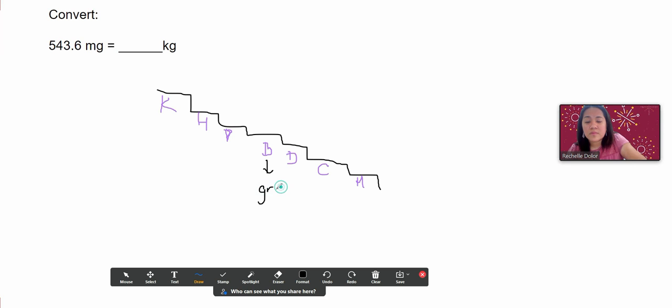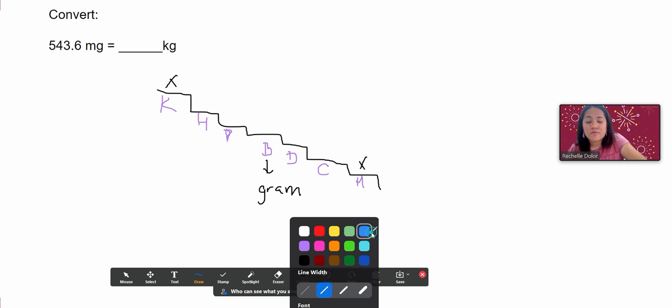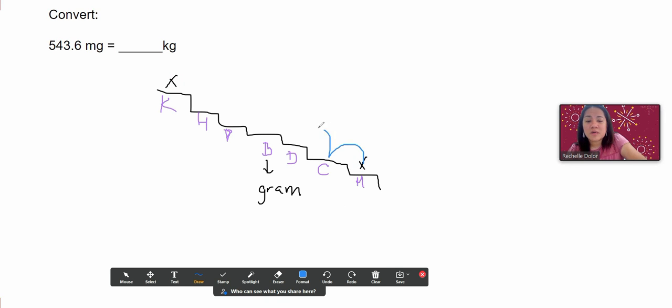So milligram is here and kilogram is all the way to the left. So we need to move to the left how many times? 1, 2, 3, 4, 5, 6. So 6 times. So I will rewrite the number that we have, 543.6, and I need the decimal point to move to the left 6 times. So 1, 2, 3, 4, 5, 6.